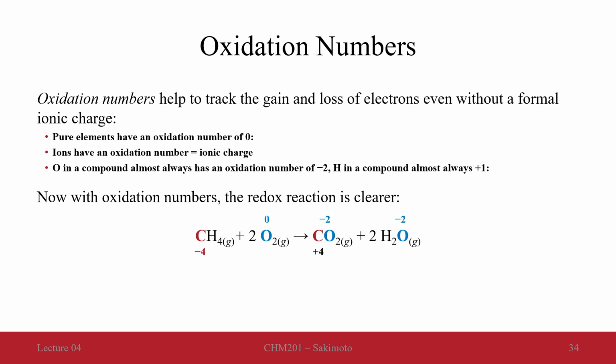This water, of course, once again, also implies the fact that we typically consider oxygen within these covalent compounds to carry a -2 oxidation number, sort of an imaginary ionic charge.